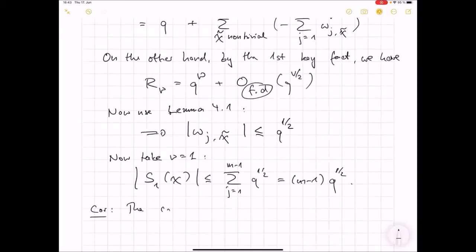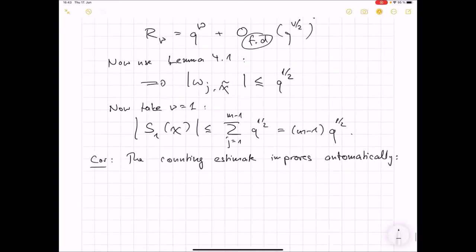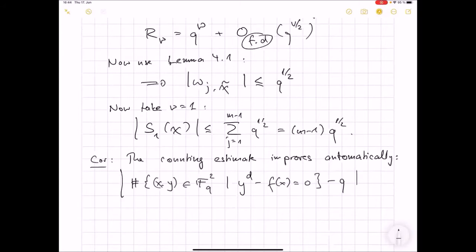So the counting estimate improves automatically, and we get that the number of (x, y) in F_q squared such that y to the d minus f of x equals 0, minus q, is bounded by d minus 1 times m minus 1 times q to the 1/2.